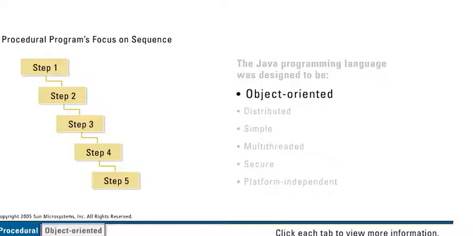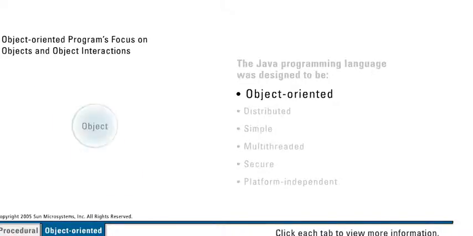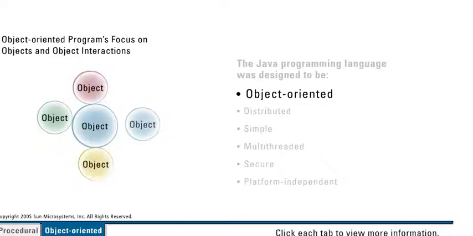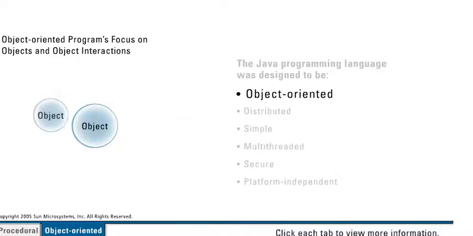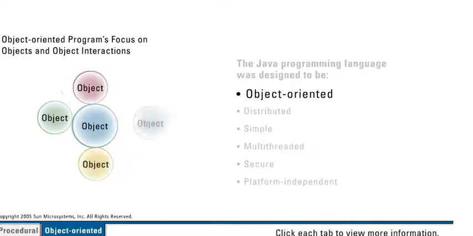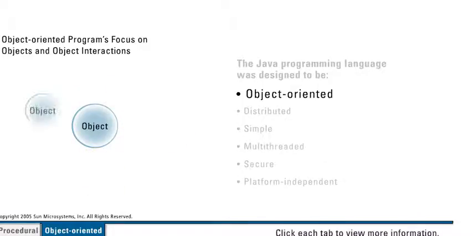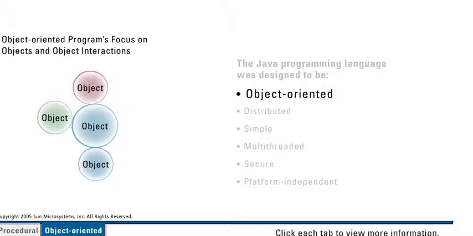So how does that differ from an object-oriented program? Well, click the Object-Oriented tab. You see, in an object-oriented program, our focus is on objects, these autonomous pieces of code that interact with each other. They have state, they have attributes, they have operations, and they can communicate with one another and adapt to different situations.